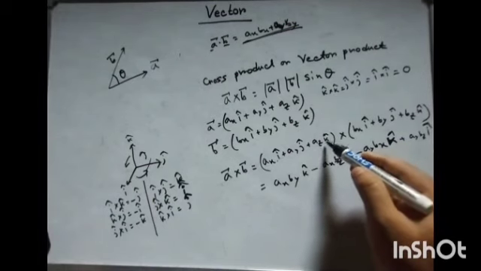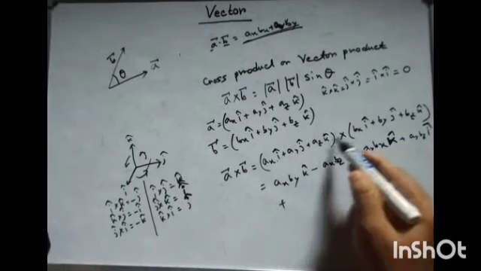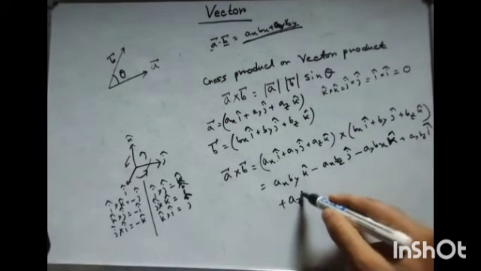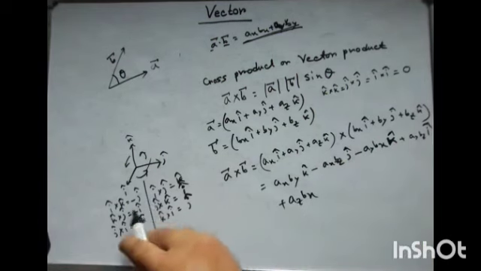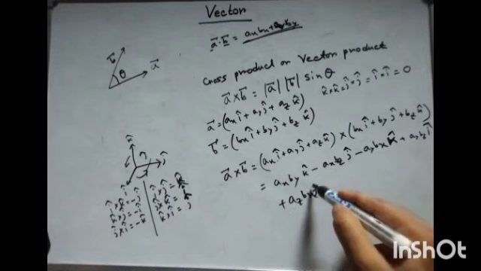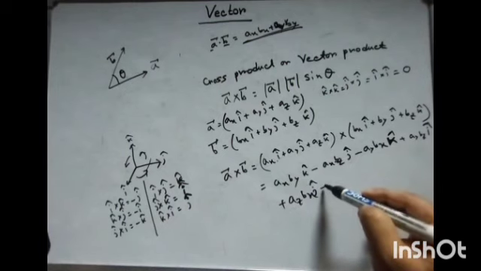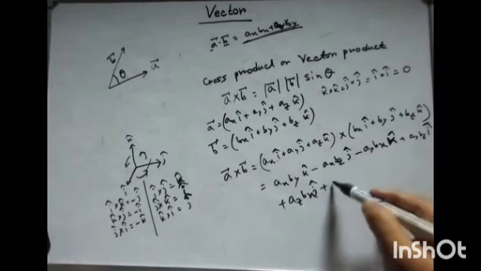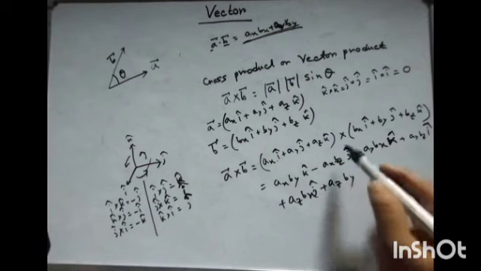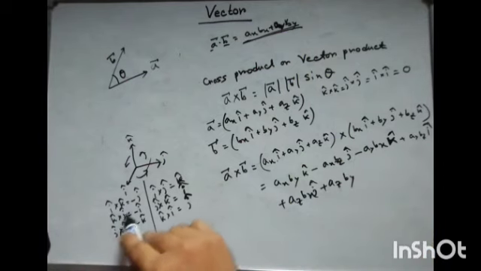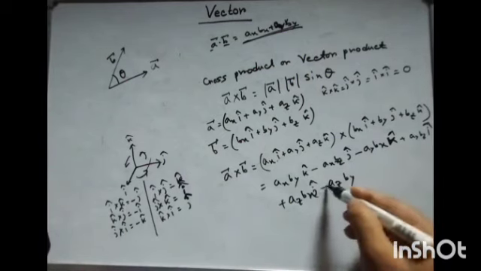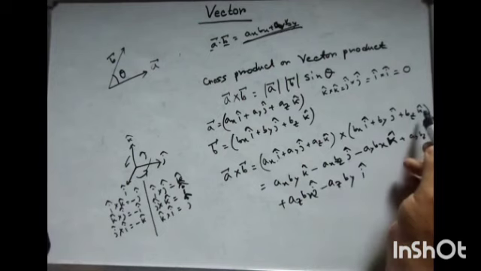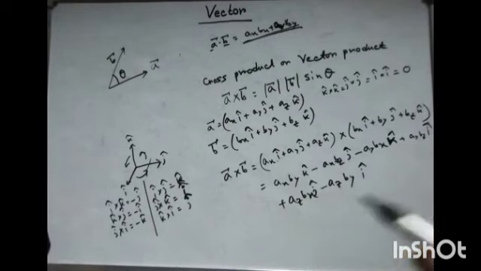Now plus az bx, k cross i is j cap, so this is j cap, plus az by, k cross j is minus i cap, so this will be minus i cap, and k cross k is 0.